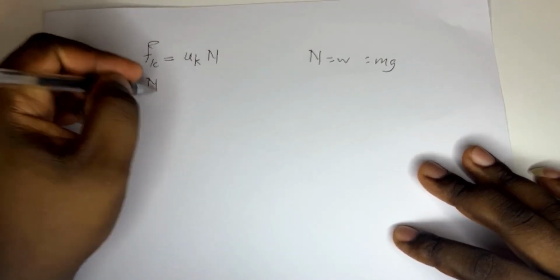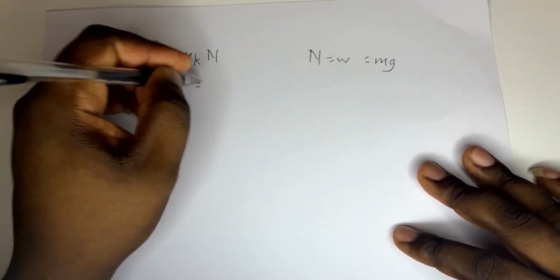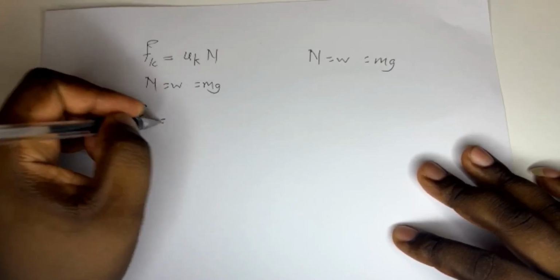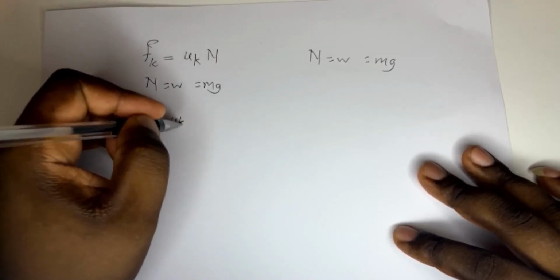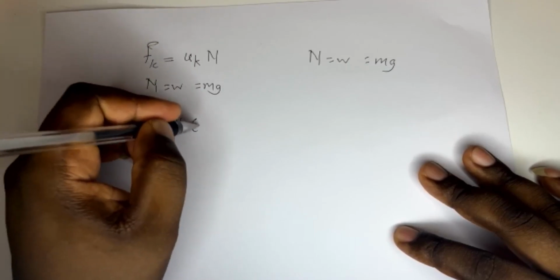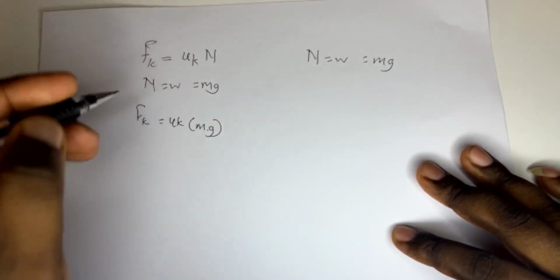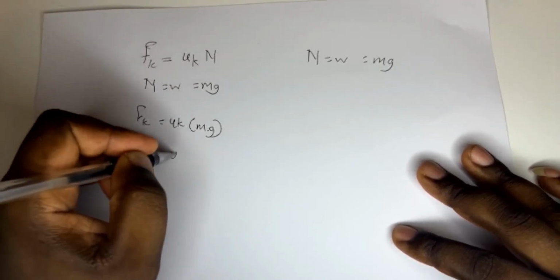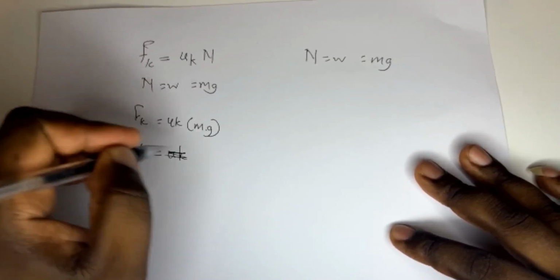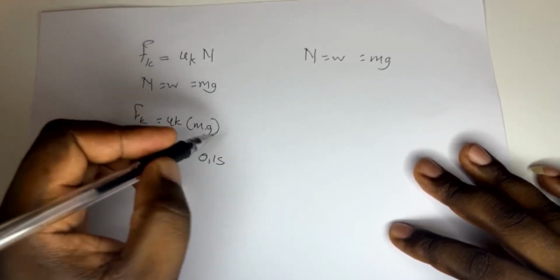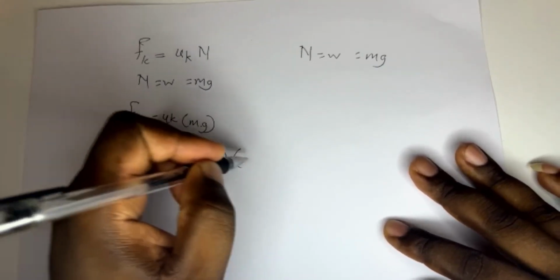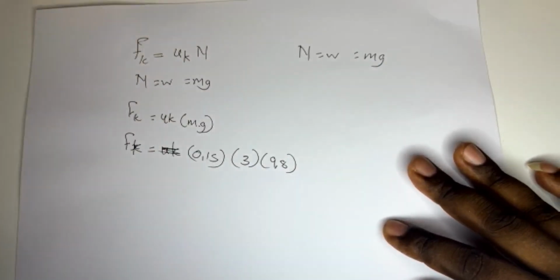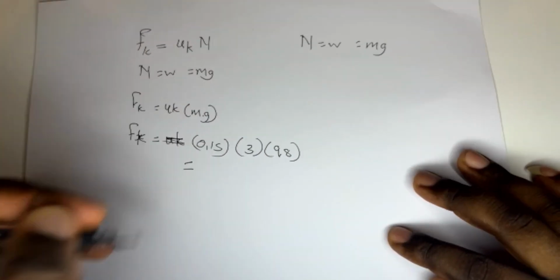Therefore, we have Fk equal to the coefficient of kinetic friction multiplied by mg. Let me substitute 0.15, all of them in the brackets, 3, 9.8. If you have a calculator, it gives you the value.